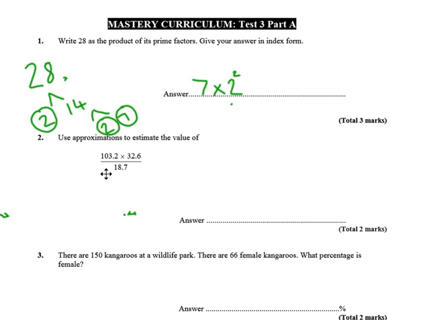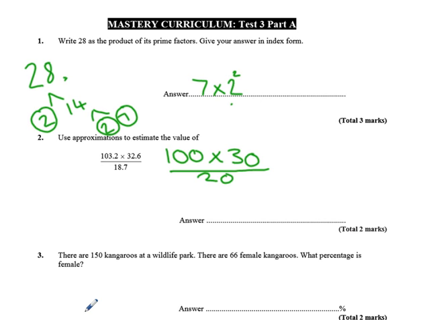For question number 2, we've got Gibran. Gibran's going to use approximation to estimate the value of this sum. So the first thing he will do, he will round all the numbers to one significant figure. So 103.2 becomes 100, 32.6 becomes 30, and 18.7 becomes 20.